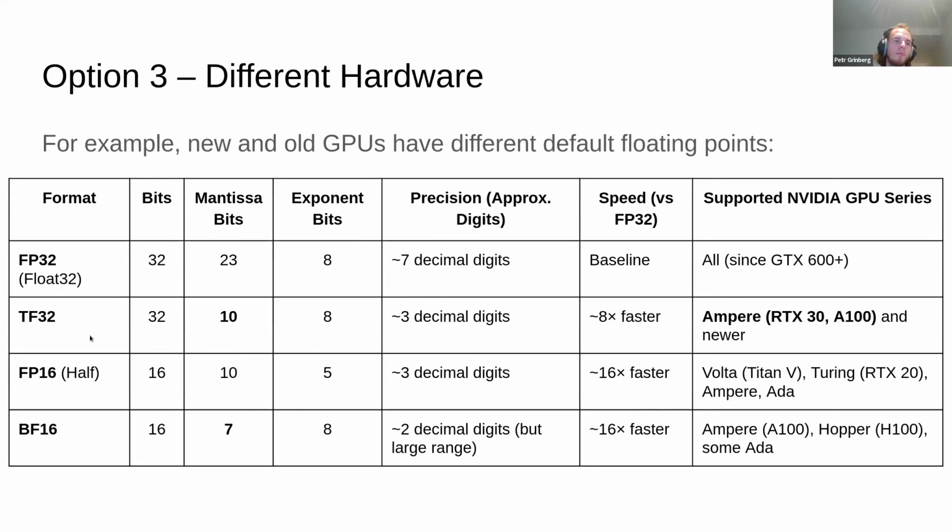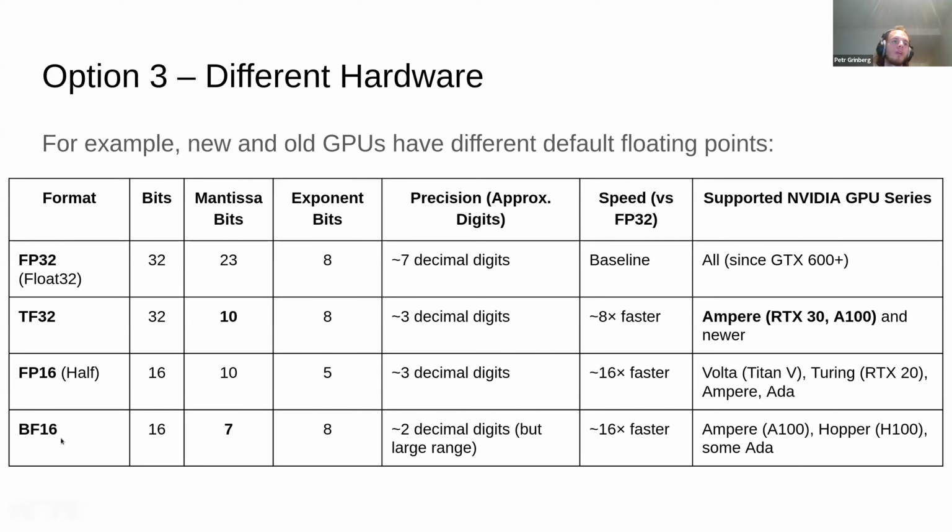There are some mixed precision or half precision floating points like BF16 or FP16, and they do not work on all GPUs. For example, if you have an old 1080 GPU, you cannot use BF16 because it's not supported by this hardware.